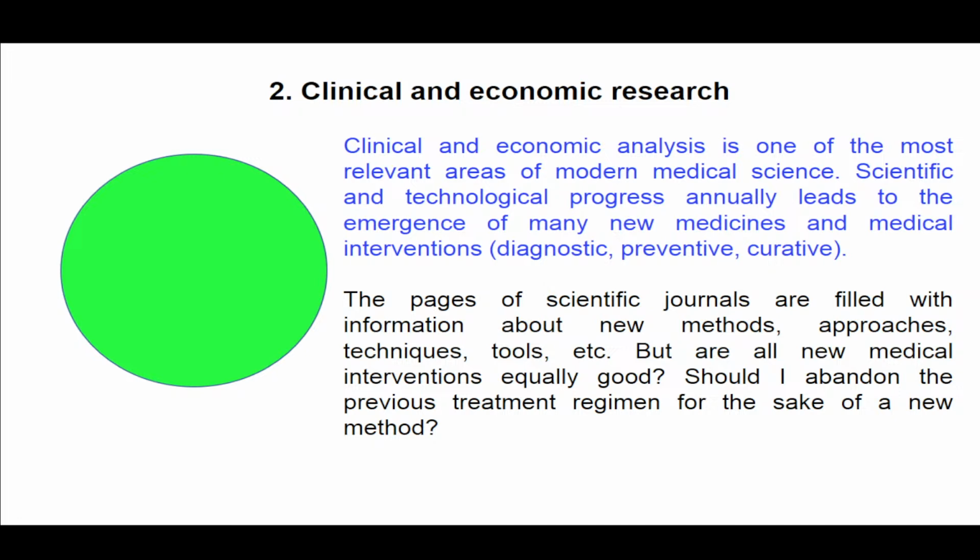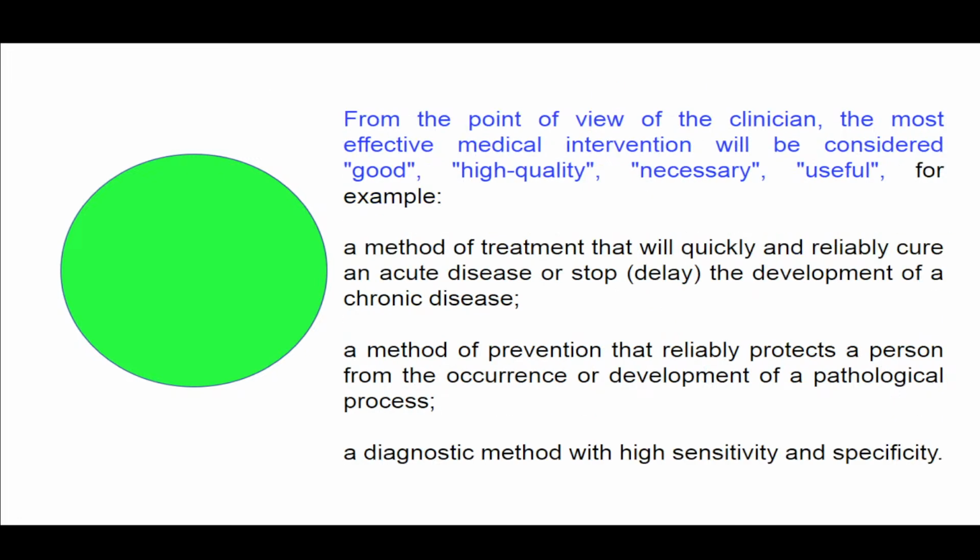That's the reason why we need to get a good knowledge about the question of clinical and economic research. That's the reason why I ask you to take a good note of the following material.